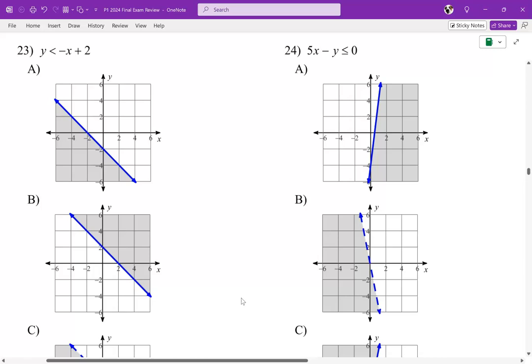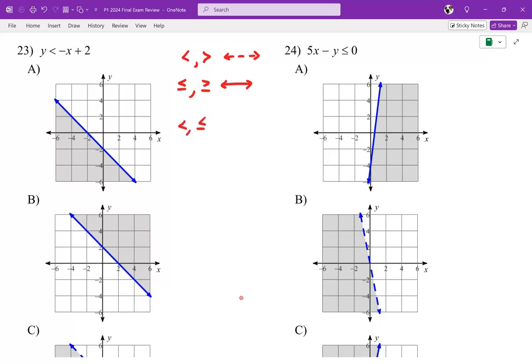All right, this one wants us to graph. Now, I noticed it says less than. Okay, so just real quick. Less than, greater than, the lines are dashed. Less than or equal to, greater than or equal to, the lines are solid. If it's less than or equal to, you're going to shade down.